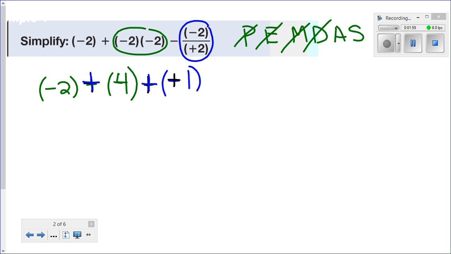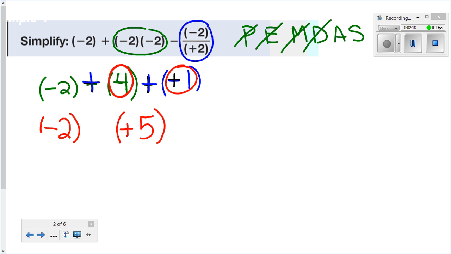Let's combine our like signs, because that makes our job, my job, a lot easier. So here we have like signs. They are both positives. A 4 and a 1 are going to make a +5. And out in front here, we are going to create that. Remember, we can add in any order because of the commutative property when we're adding.